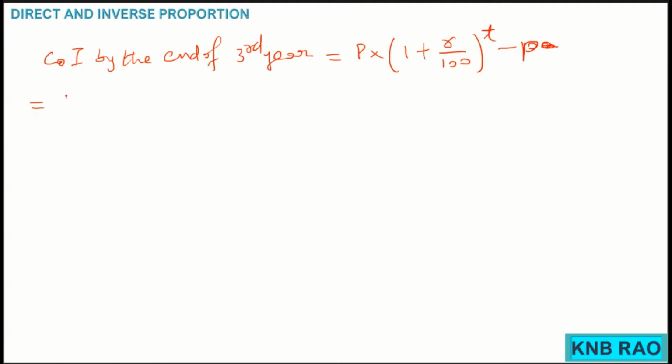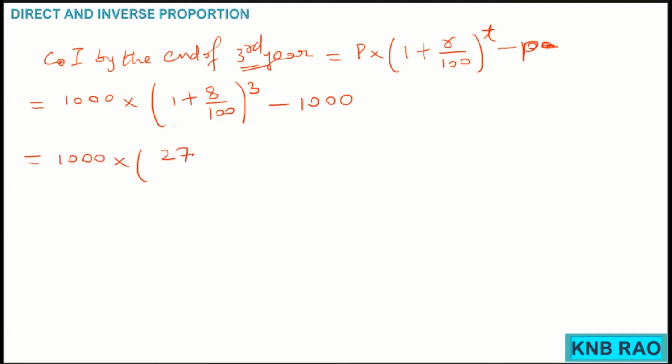Here 1000 into 1 plus 8 upon 100 raised to the power, here third year, so per annum rate of interest is 8, so the time period for 3 years will be 3, minus principal 1000. Now 1000 into, 8 by 100 becomes 2 by 25, 1 plus 2 by 25 gives you 27 by 25, where that 27 by 25 is raised to the power 3 minus 1000.